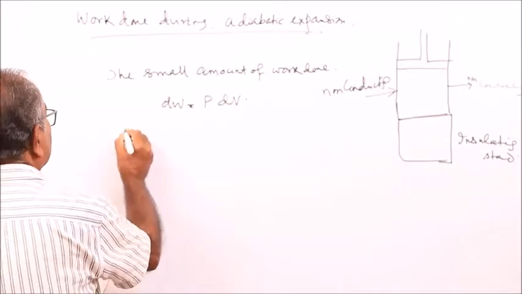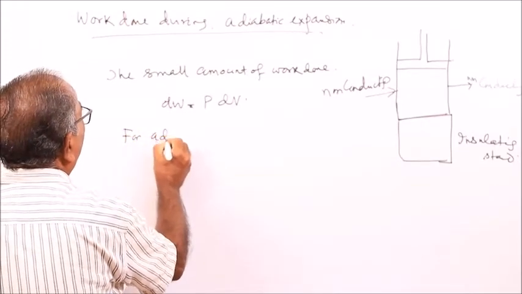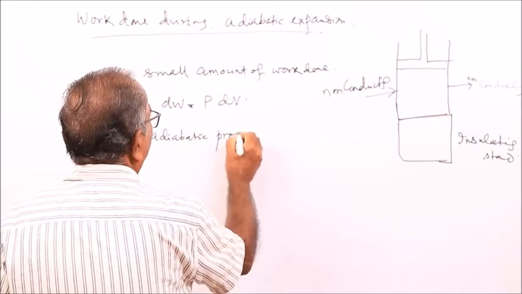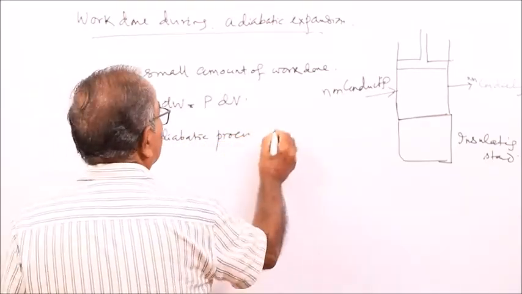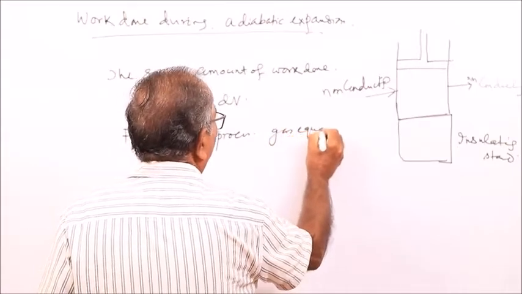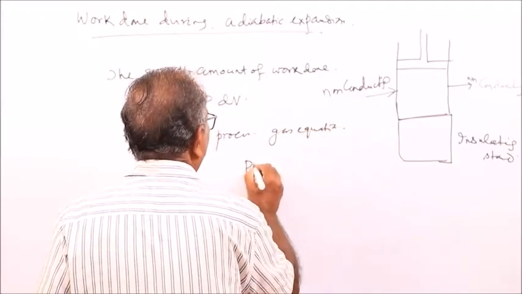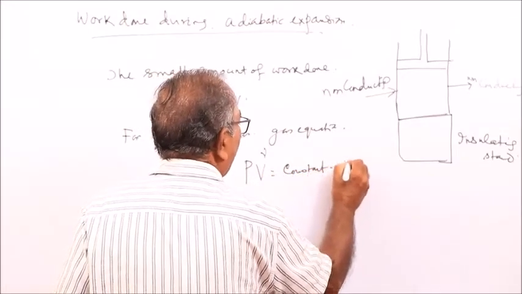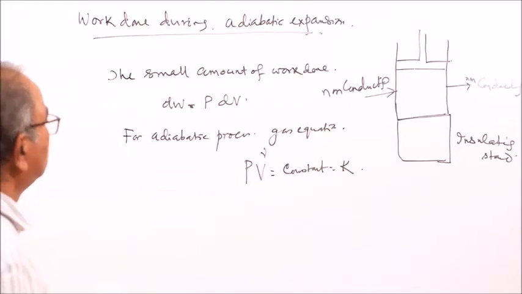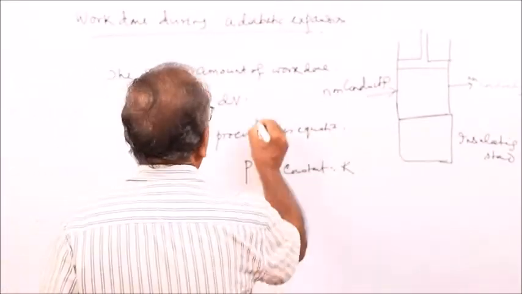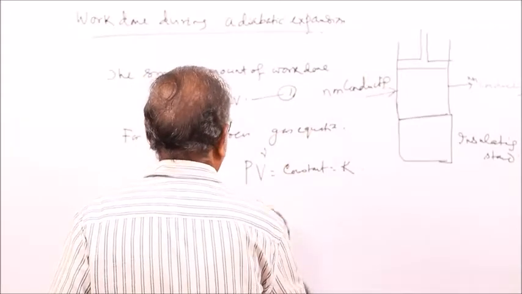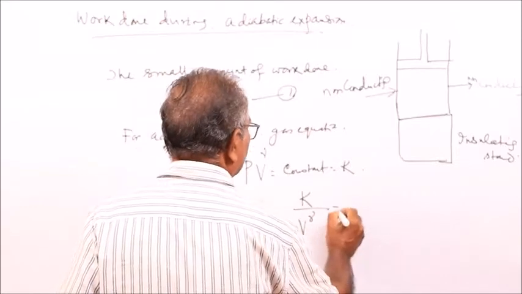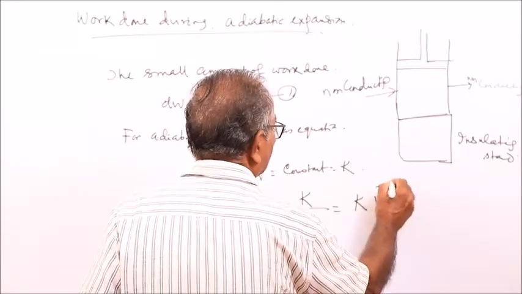And for an adiabatic process, the gas equation is PV to the power gamma is constant, where gamma is Cp by Cv. This is equation 1. So P is equal to constant by V to the power gamma, or that is K into V to the power minus gamma.